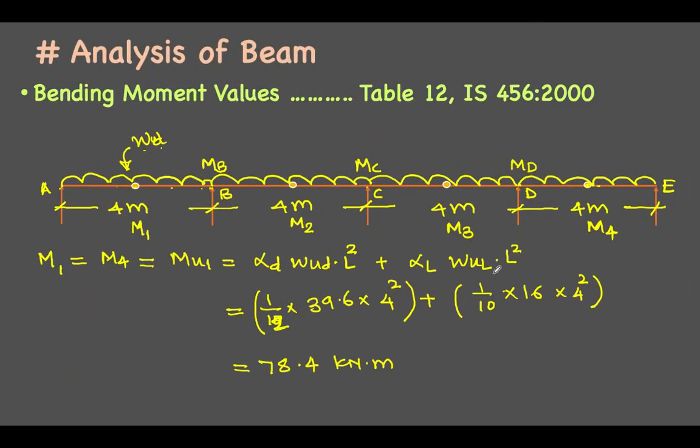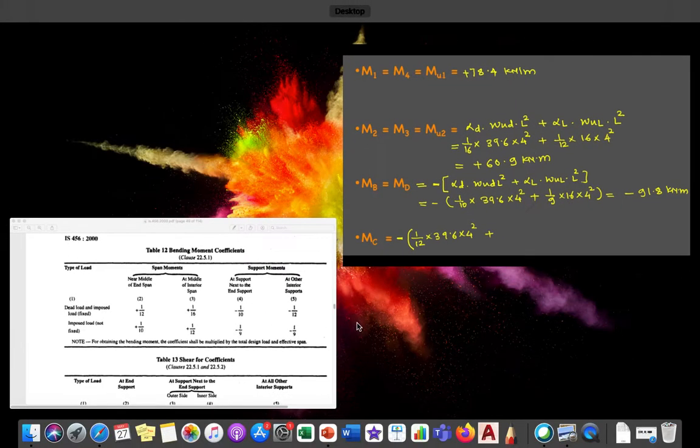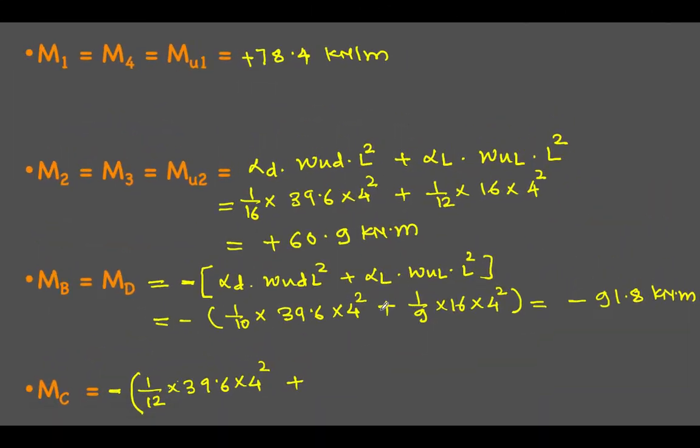On the same line, I am not going to write this equation again, I will directly write it. Taking minus common, it is 1 by 12 into 39.6 into 4 square, plus for live load 1 by 9 into 16 into 4 square, and this will be minus 81.24 kilonewton meter, right?